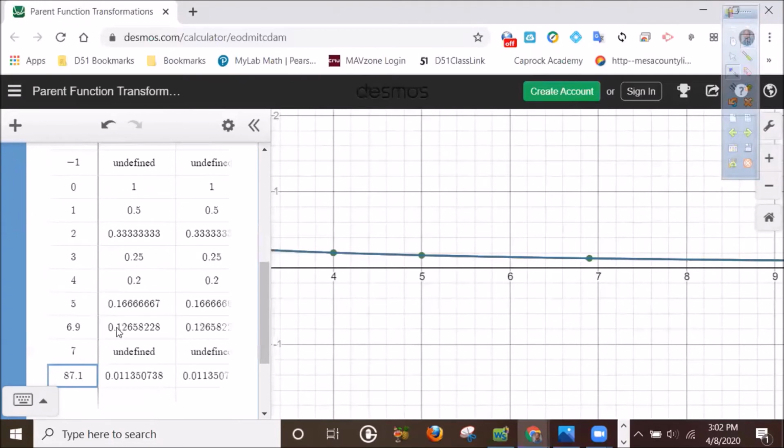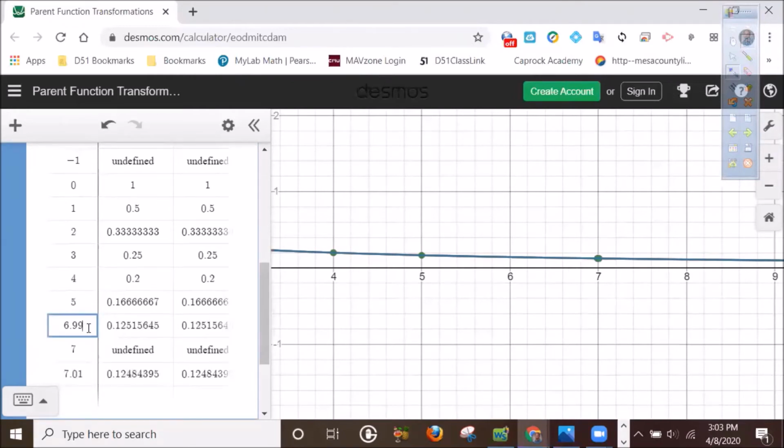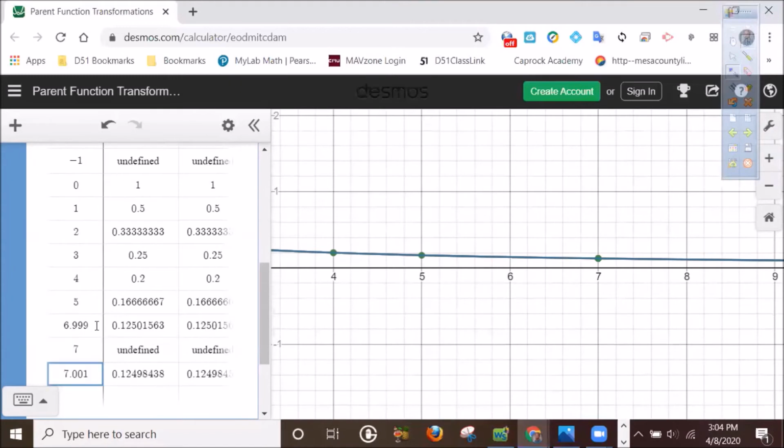Well, I see y values of 1.26 and 0.0113. At x equals 6.99, I get a y value of 0.1251, and at 7.01, a y value of 1.248. At x equals 6.999, the y value is 0.1250.